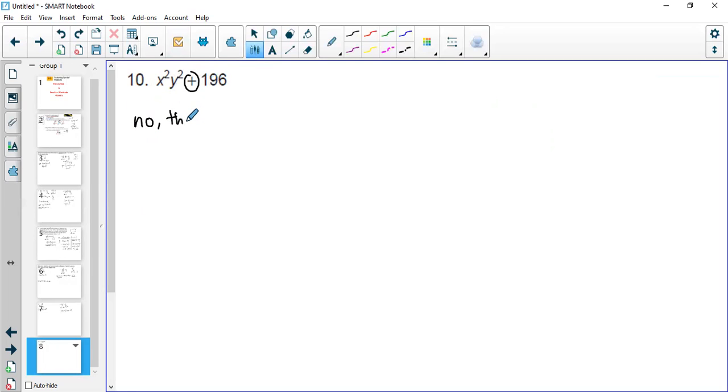The operation, in the sense, the sign here, the operation between the two squares is addition.